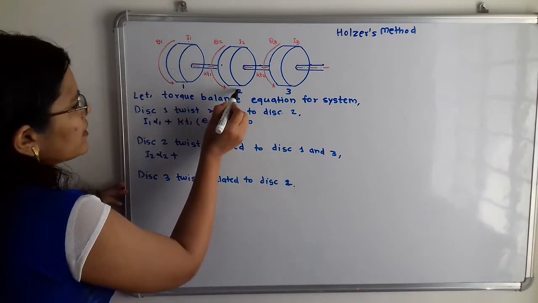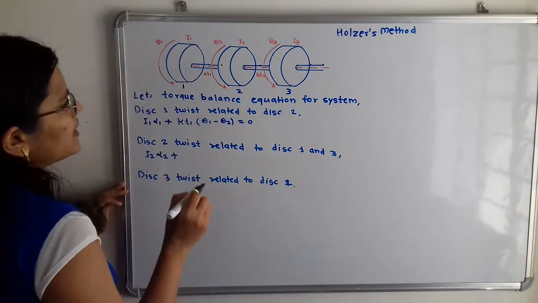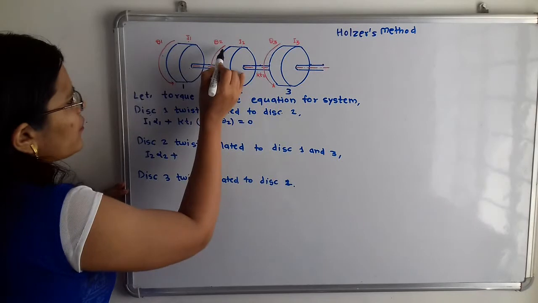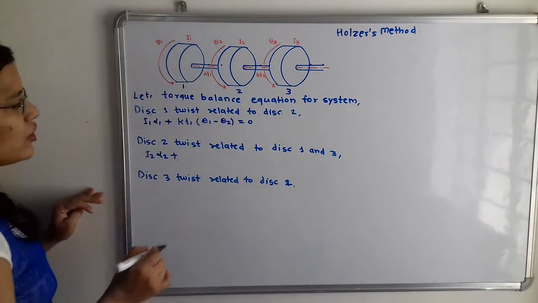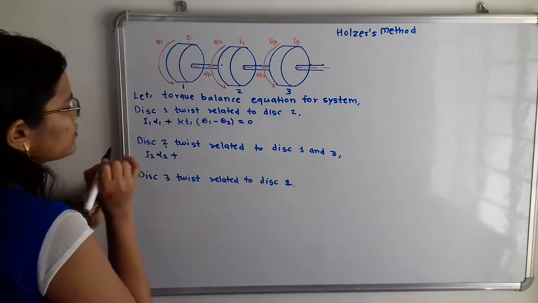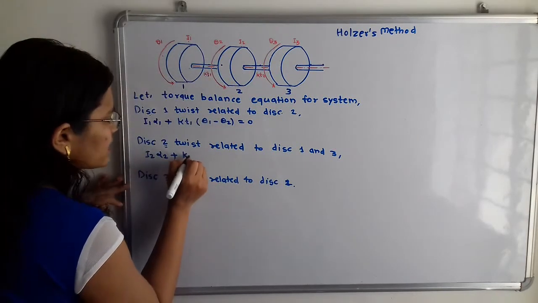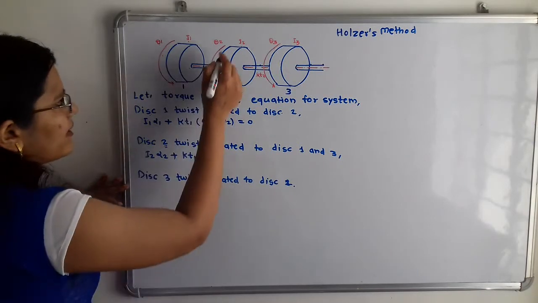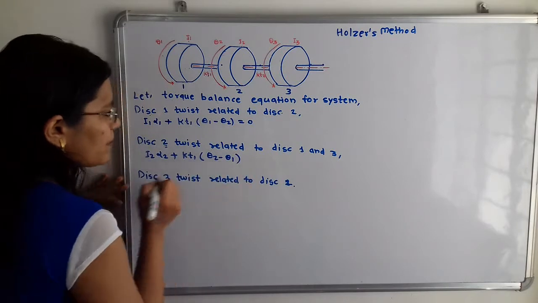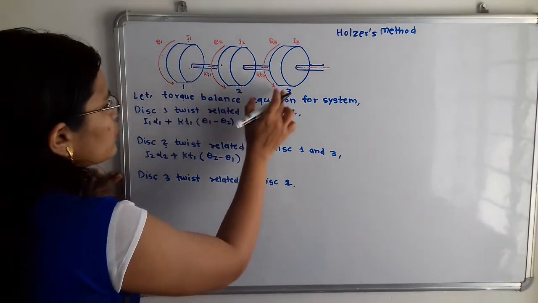Here disc 2 and disc 1 are attached to the shaft having stiffness KT1, and we multiply with the difference of angular displacement. We are finding the torque balance equation for disc 2, so we write theta 2 first: KT1 in the bracket, theta 2 minus theta 1. Bracket complete. Now we find the relation between disc 2 and 3.